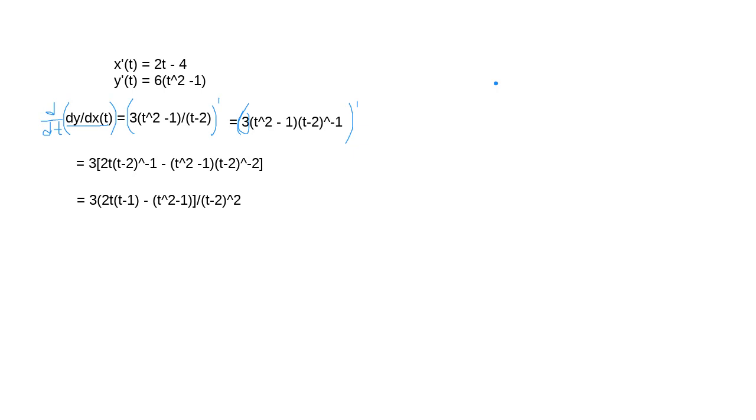Then minus negative 1 becomes plus 1, right? Then divided by t minus 2 squared. So t squared minus 2t plus 1, that's just t minus 1 squared.